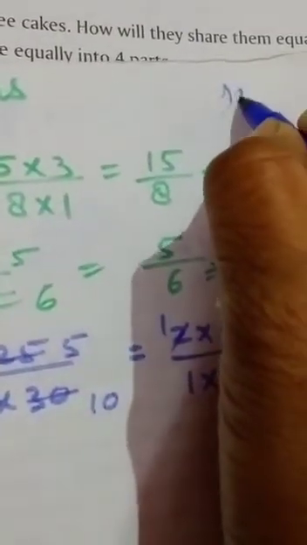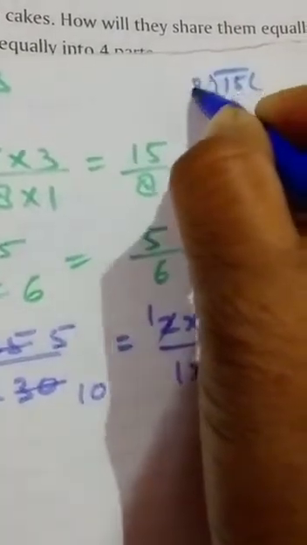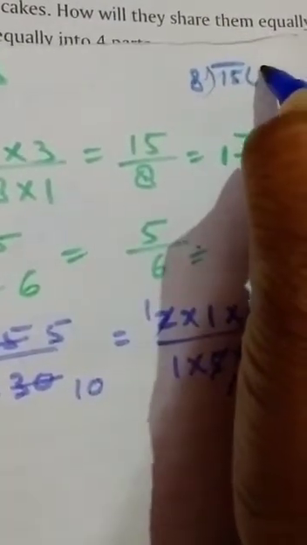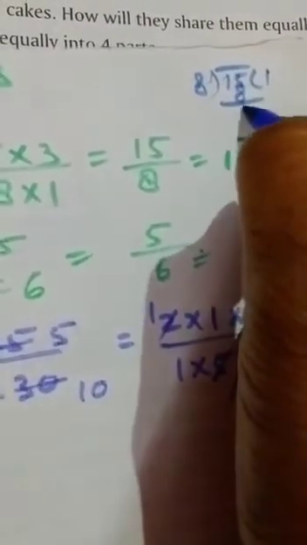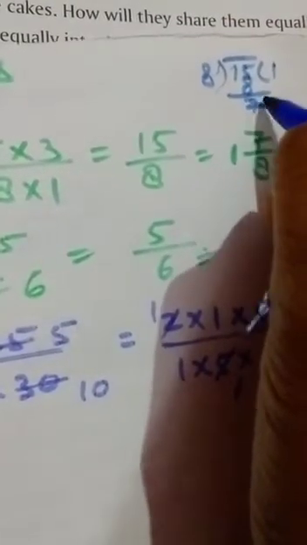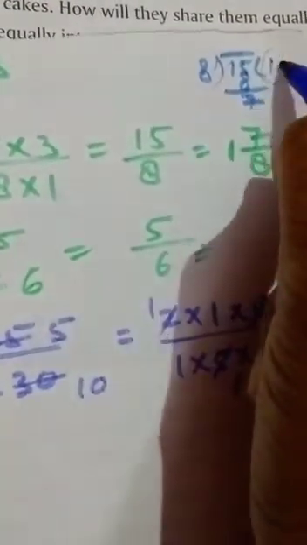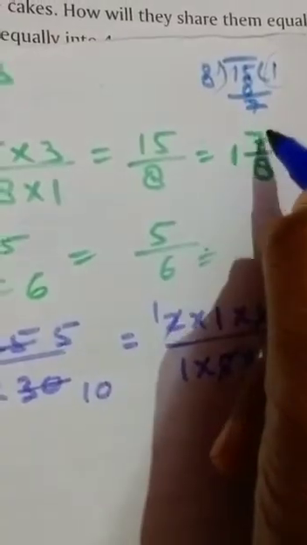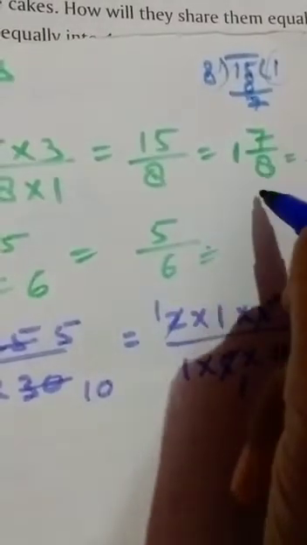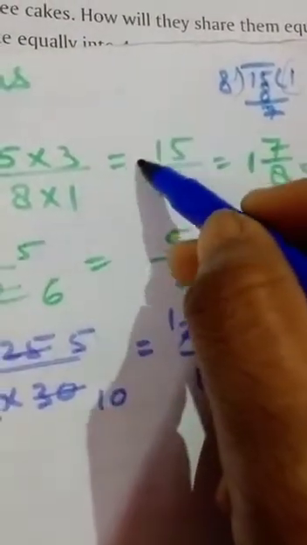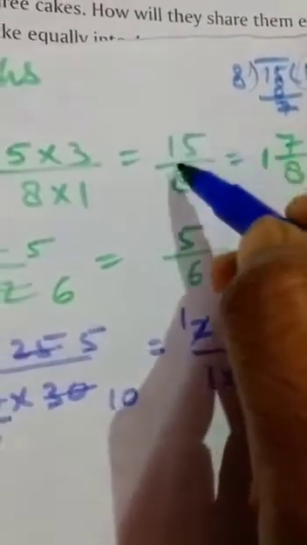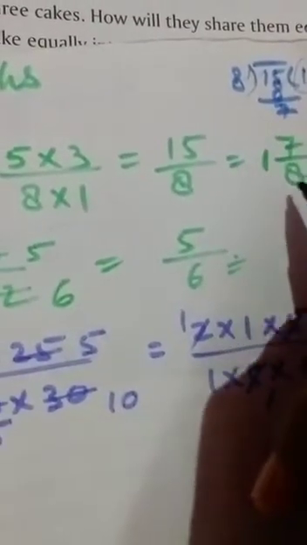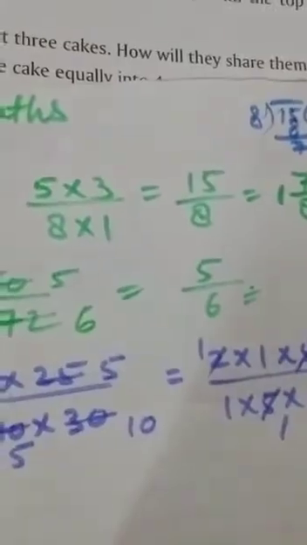Here is 15 and 8. 8 ones are 8. What is remaining? 7. So in mixed form, first here is your quotient, then the remainder, then the divisor. Understand? If the number is an improper fraction, you have to convert it into a mixed fraction, then you will get the final answer. Okay.